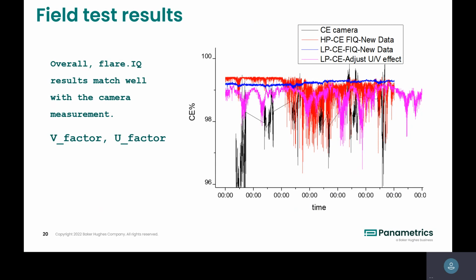I'm not sure if you are familiar, there's Providence Photonics, they have the Mantis camera. They measured it over 6 days, a couple of hours a day, measuring the combustion efficiency for upstream flares, and then we have the Flare.IQ calculation.